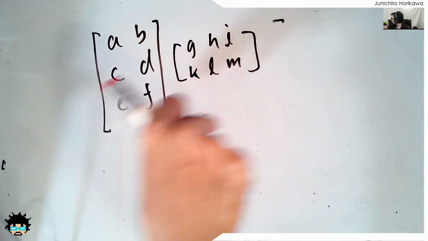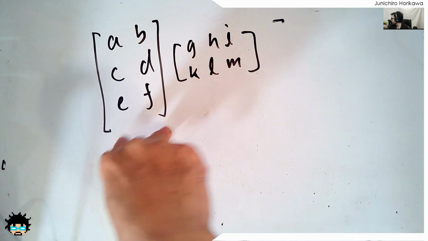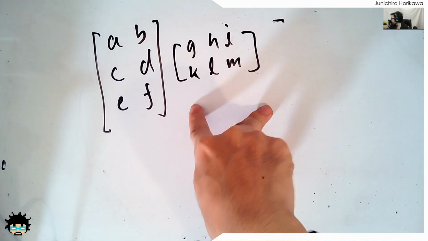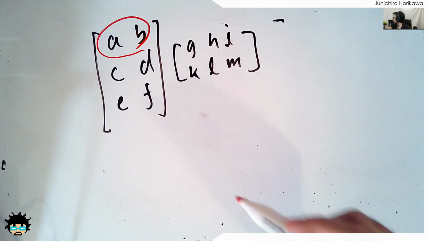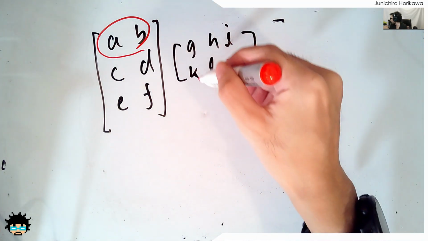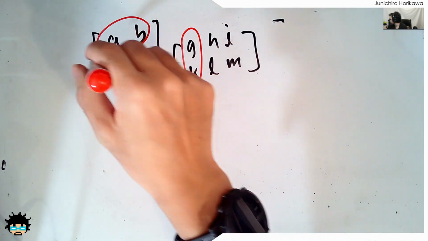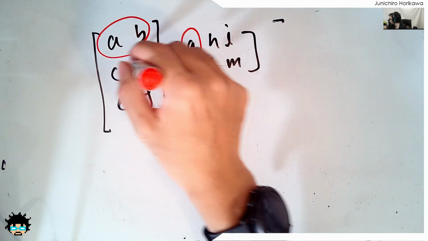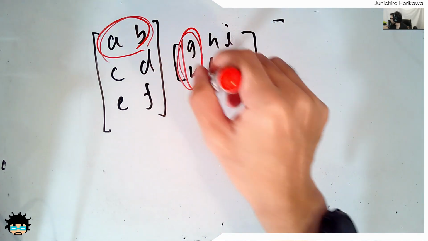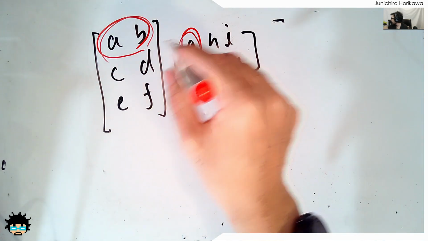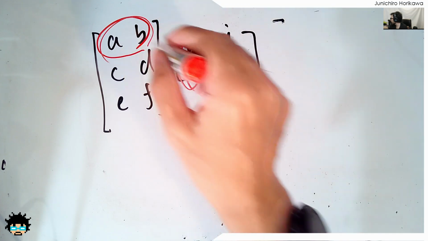The reason why it looks like this: when you have a 2x3 matrix on the left hand side, you have to have a 3x2 matrix on the right hand side. That is because, as we did for the 3x3 or 2x2 or 4x4, we have to give a group for the multiplication like this. For the first row, we pick AB, and for the first column of the second matrix, I pick G and K and multiply AG and add it with the BK.